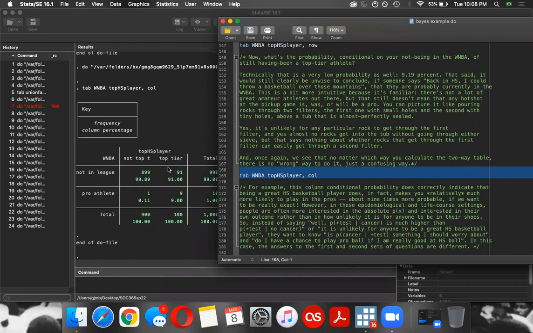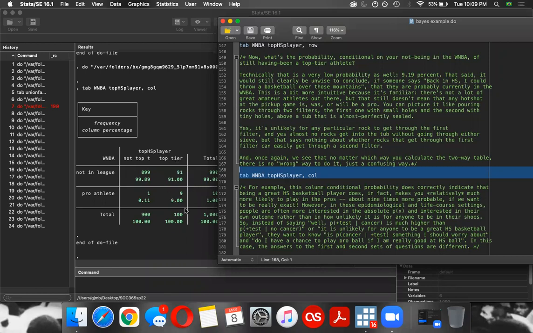That presumably to a large extent determines your later athletic status. So if you were a top tier athlete, you still have a 91% chance in this constructed example of not being a pro player. In fact, it's much, much more likely that you don't make it to the pros, unfortunately.